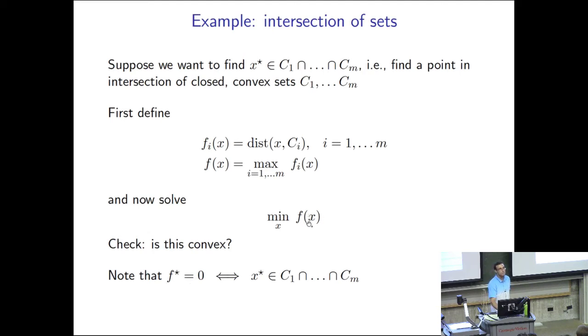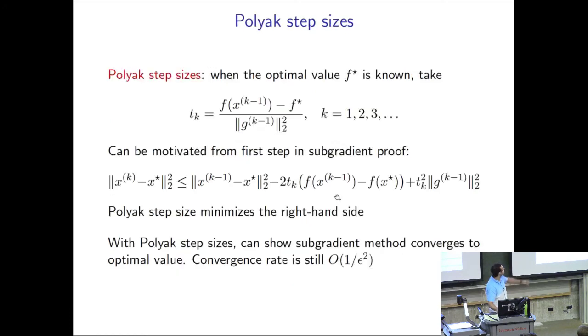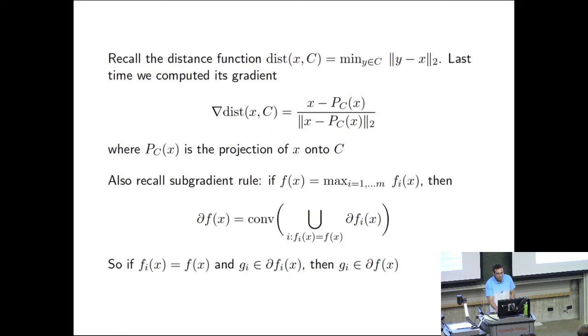It lies in each one of the sets, so the distance to each set is 0. And we're going to apply the subgradient method with these step sizes, where I plug in 0 for f star. We're going to have to do a couple of calculations to see what its iterations are.